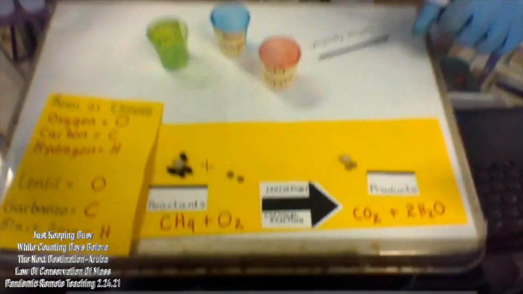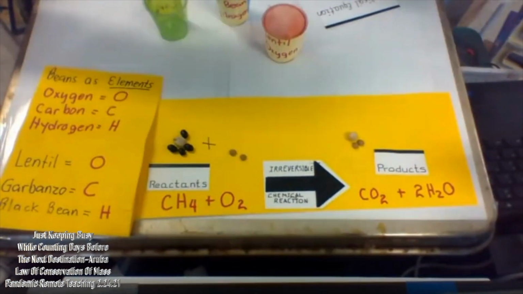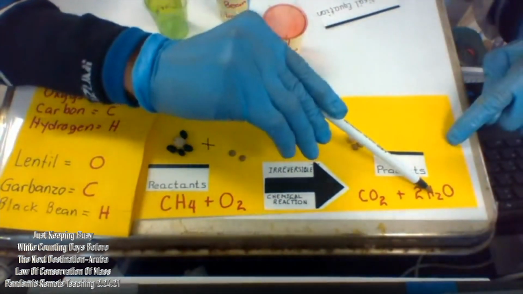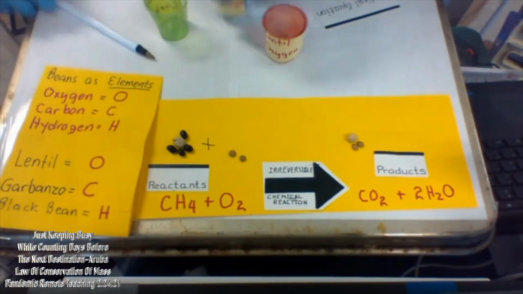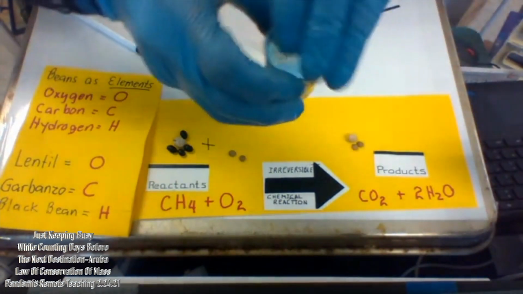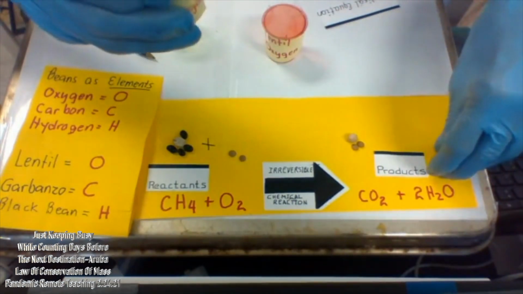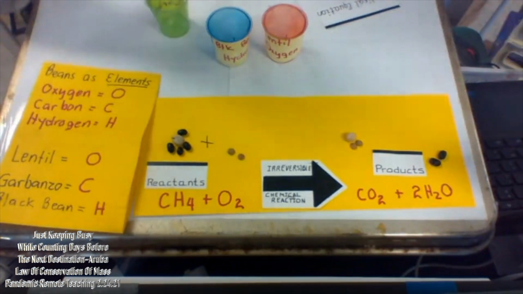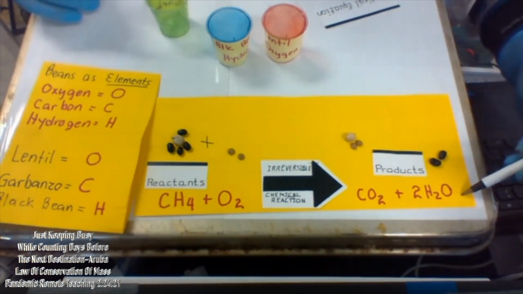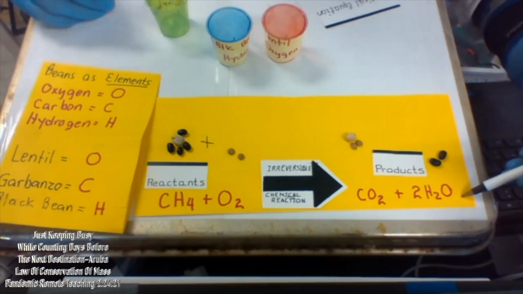Moving on. So, I need 2 hydrogen, and my hydrogen is a black bean. 2 hydrogen. This is, and then could you tell me how many oxygen do I need to have? How many oxygen do I need? 1 or 2? Yes, Christopher, correct. 1.